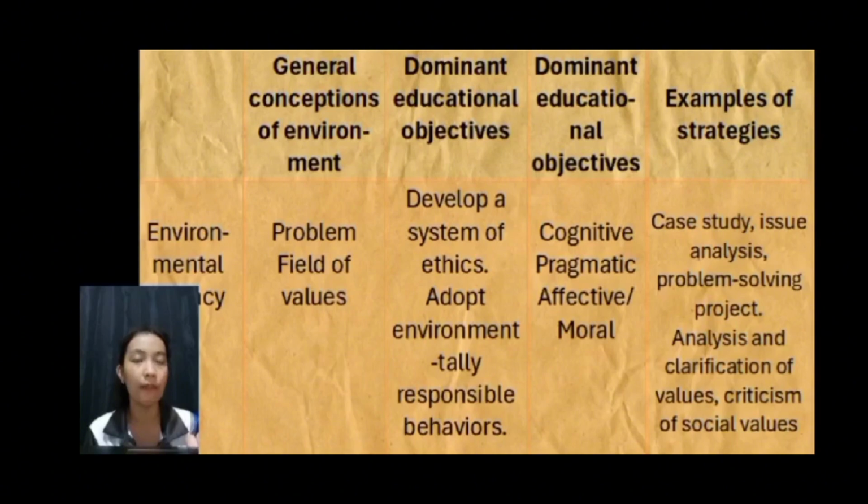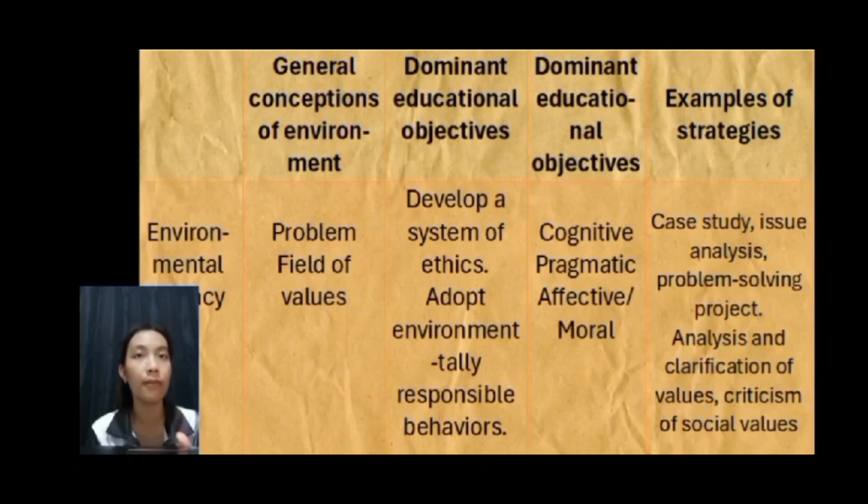It includes fostering a sense of responsibility for sustainable practices and considering the long-term consequences of personal and societal choices. So it involves more on ethics and understanding the impact of human action on the environment. So that is all about developing a system of ethics.